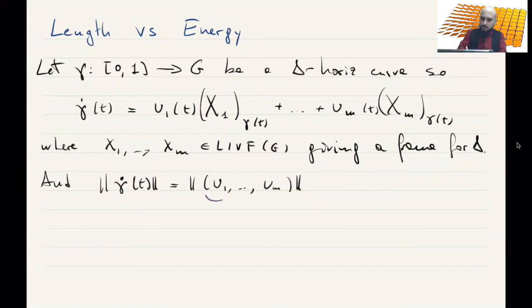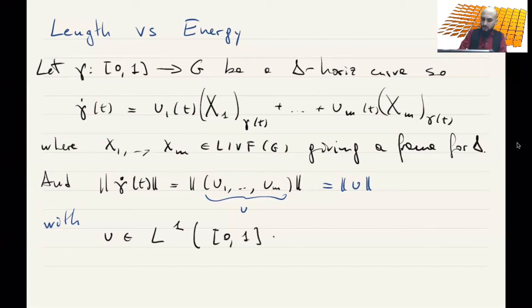Let's call it u. This is the norm of u, where this norm is the norm at the identity, the left invariant norm that we extend. And u is an integrable function defined on [0,1], valued in R^m.